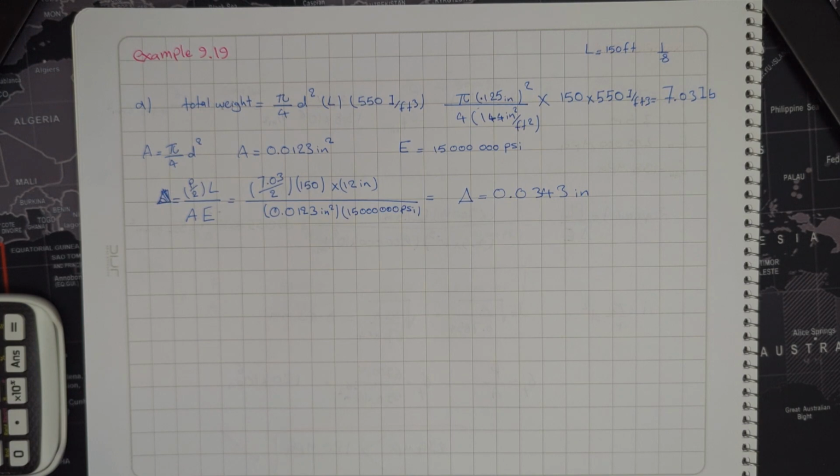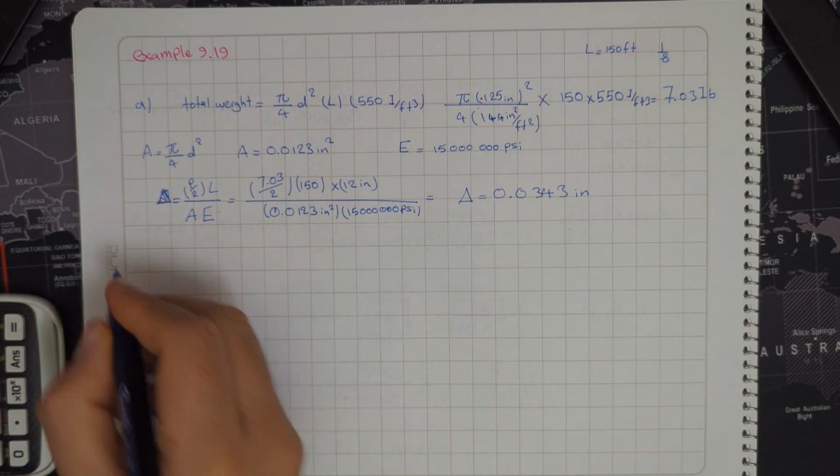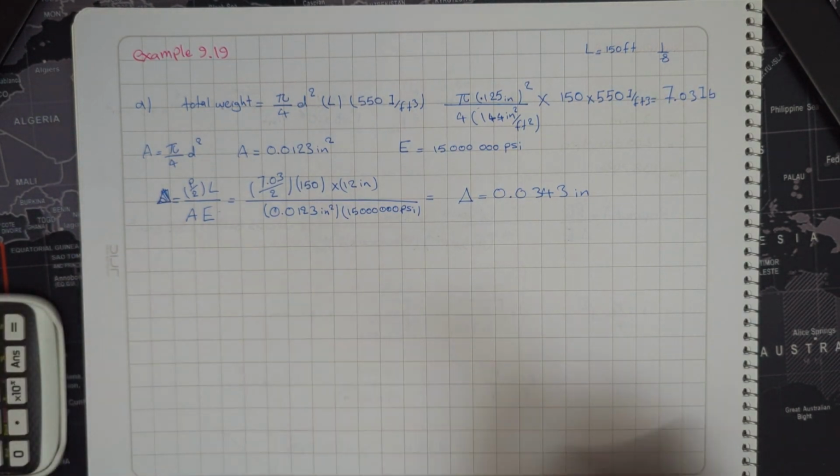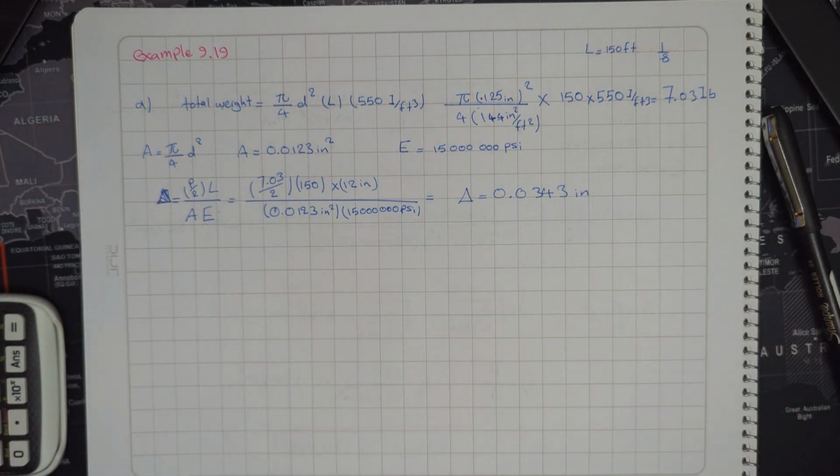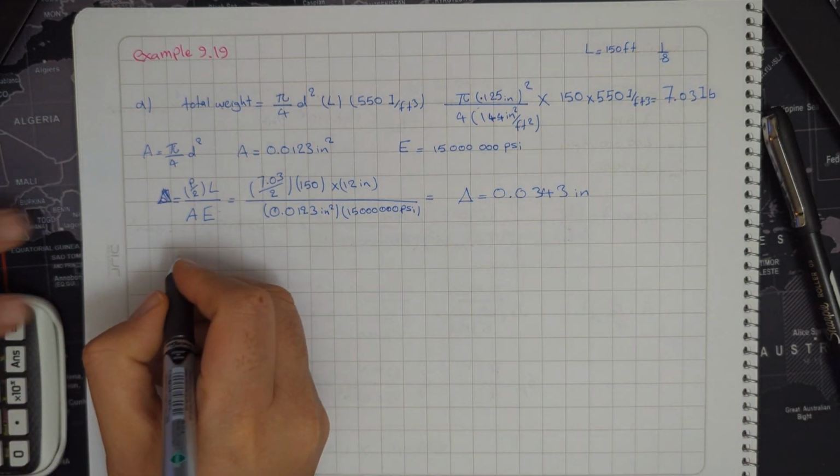Part B says the average strain due to its own weight. Right? So, just write it down with a different pen.